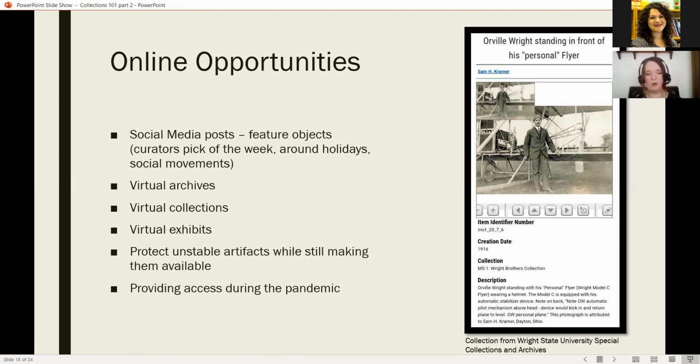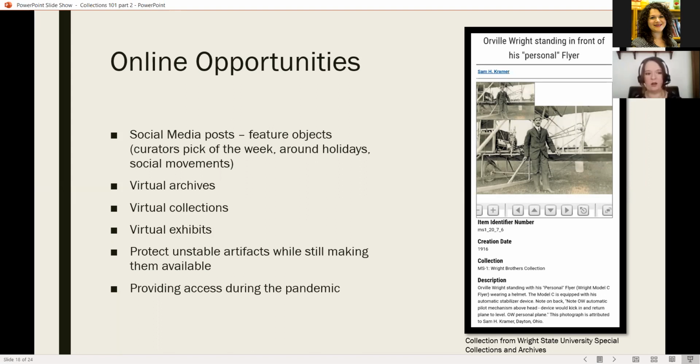I've seen curator's pick of the week or a throwback Thursday or something like that, holiday specials and things like that, and stuff around social movements. So, posting about an item and saying, here's how this relates to what's going on today, that can be a way for people to interact remotely.